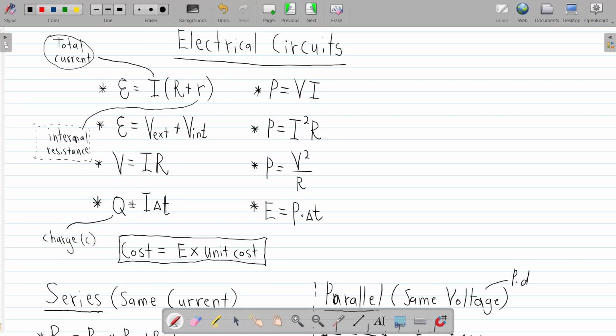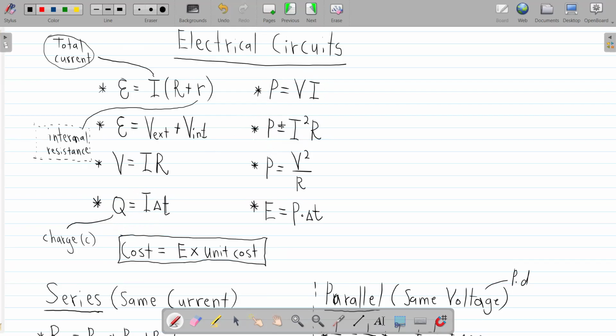Then we have Q equals I delta t, where Q is the charge. So P equals VI, so it's V, the potential difference, multiplied by the current.